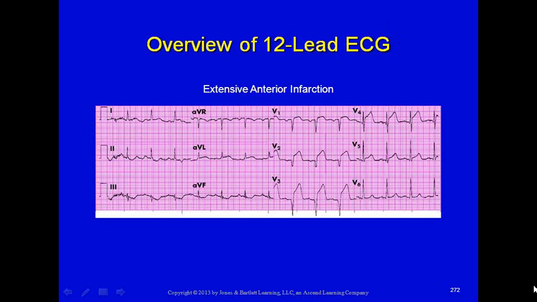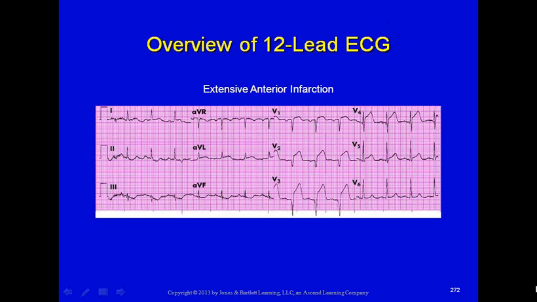What you get when it's laid out this way is a 2.5 second view of each lead. Depending on the rate, 2.5 seconds may not be a long enough view to identify the underlying rhythm. If the rate is really slow, certainly it's not enough time. So many 12-lead ECGs will have 1 or 2 rhythm strips below the normal 12 leads so that you can identify the underlying rhythm.